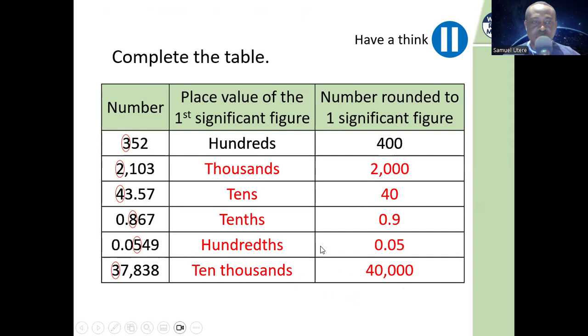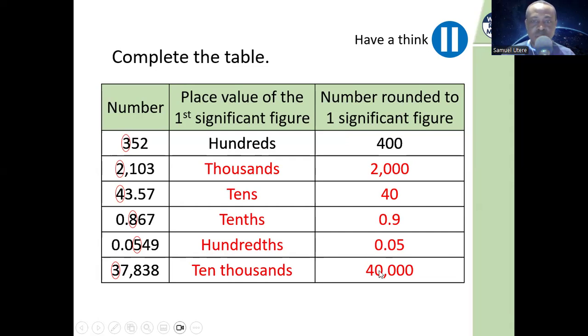Interesting, isn't it? Using that method I showed you, you could actually just look at the numbers and spot how to round to one significant figure by just looking one digit to the right, checking whether it is equal to 5 or greater than 5, so that we can increase the one significant figure digit, or if it's less than 5, the first significant figure digit stays the same and everything else is 0.